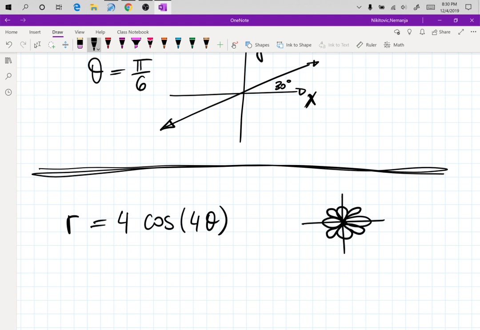What if it's a +1? And then graph. Great, nothing changed. Right? So, these are the things that you will be trying to figure out as you go through your study time.